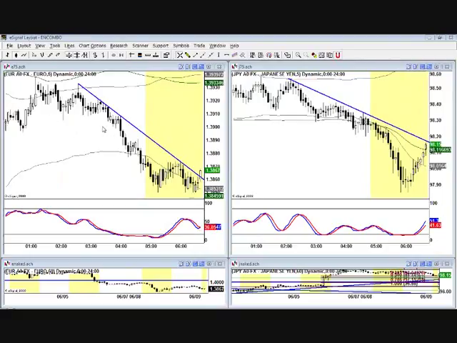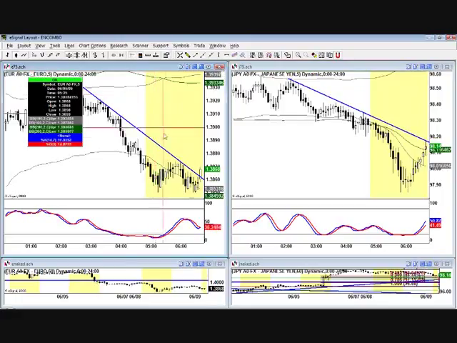You can see we've got a break above the trend line on the euro. So I'll be looking to get in at around 38.70 or even less if possible, and then I'll put my stop loss beneath the low. The stop loss would need to be below this candle here, which I think is the lowest.